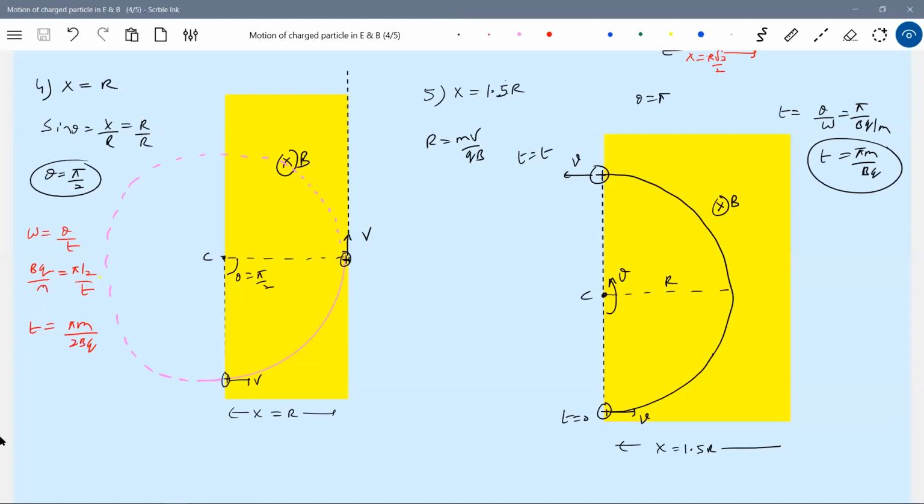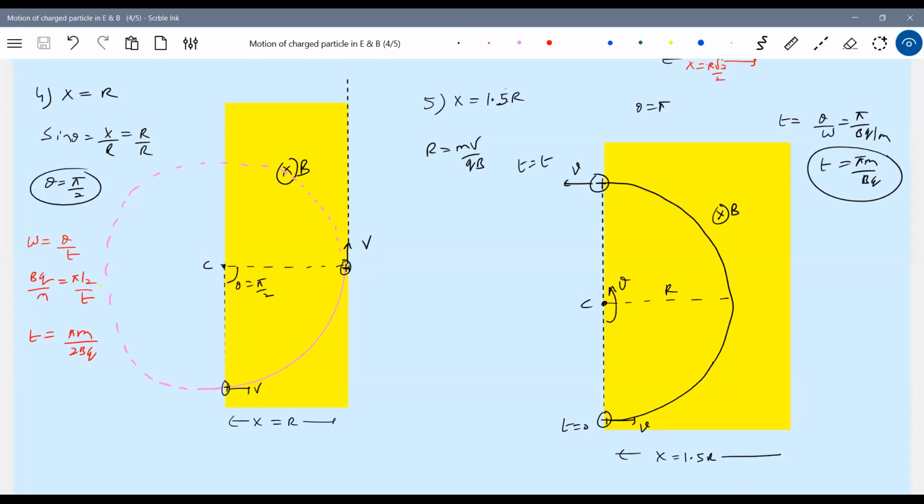By varying the width of the field, we control the path of a charged particle. You can make it move however you want. Okay, let's see the next situation we'll analyze.